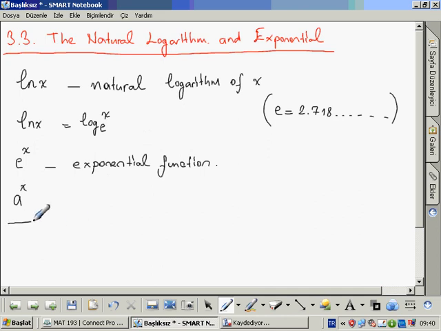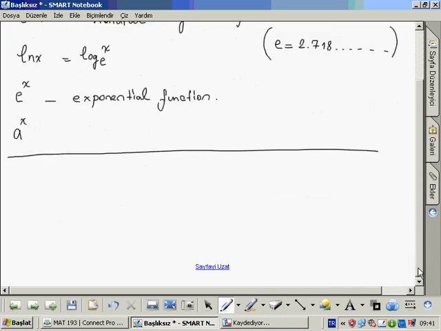Let's continue with the derivatives of integer powers, and remember how to evaluate the ln x derivative. We know f of x and f prime of x.